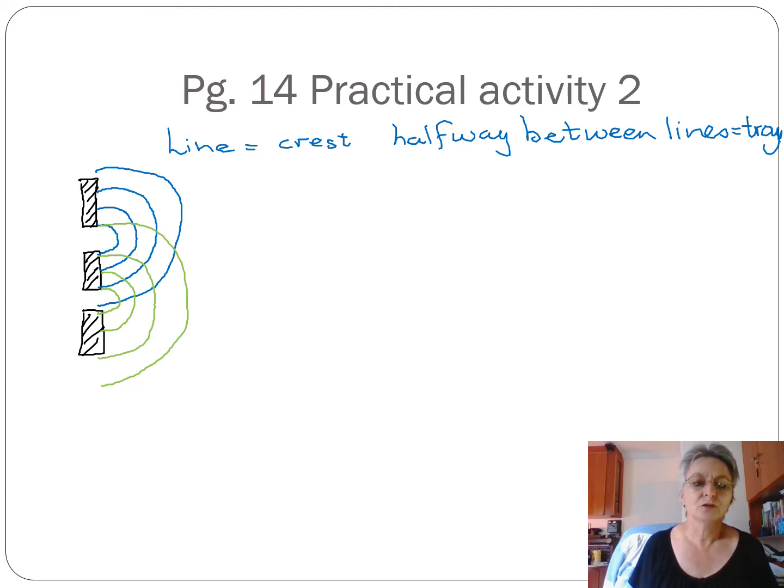Now, where two crests interfere, you will get constructive interference. So I'm going to mark the places where crests interfere by these purple dots. So everywhere where crests are interfering, there will be a purple dot. Sorry, this line is not very accurate, but there will be another one.